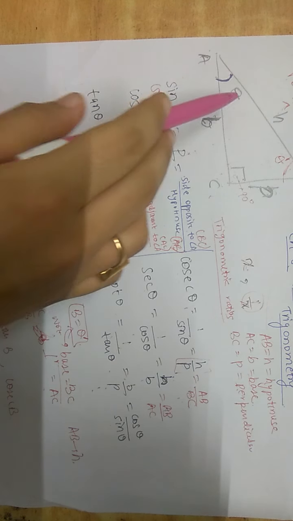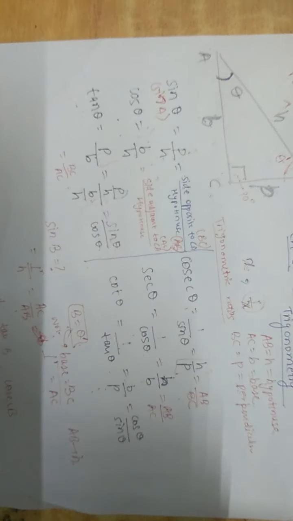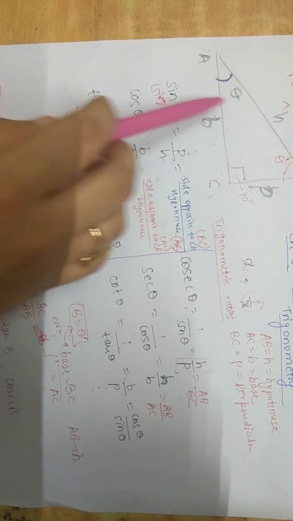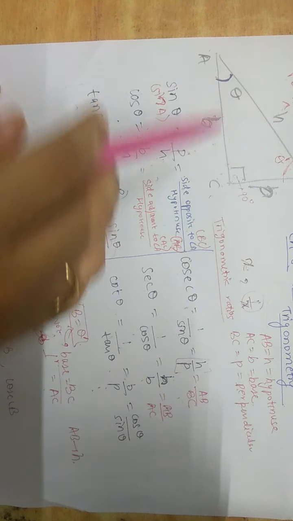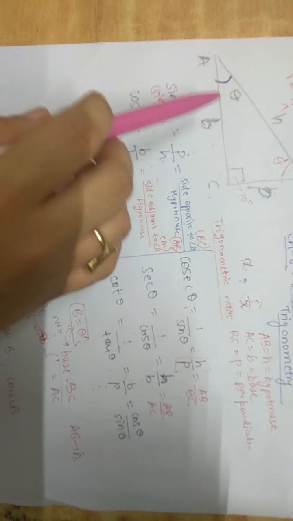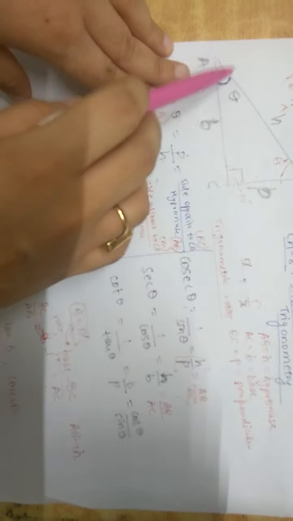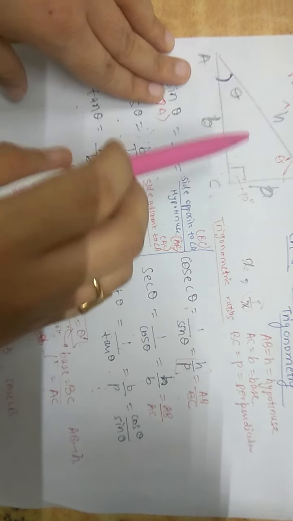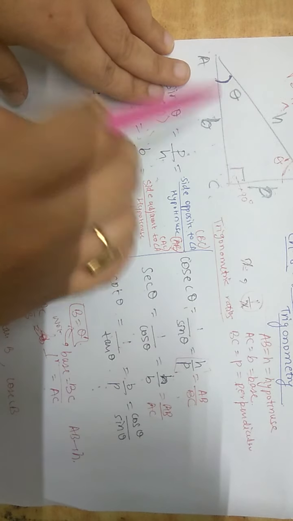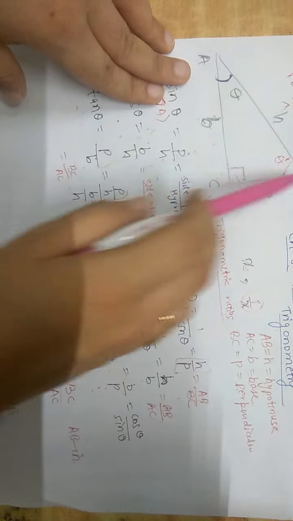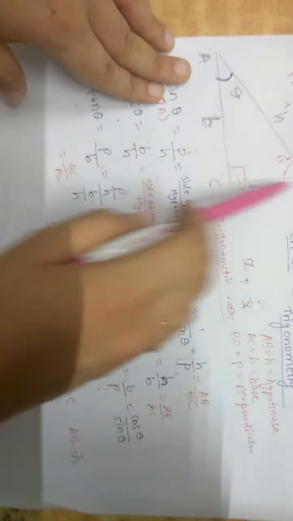Now let us suppose that I have taken angle A as theta. First of all, you should remember that whichever angle we are taking, with respect to that, how we can determine its adjacent side and its opposite side. Since theta is this angle, the side that is adjacent to theta is AC, that is B, and the side which is opposite to angle theta is P, that is this side.